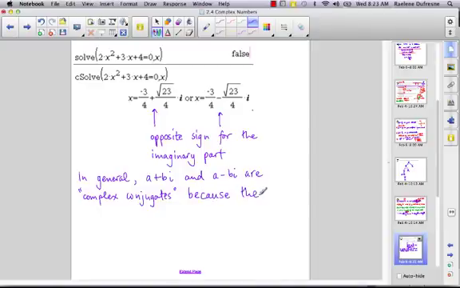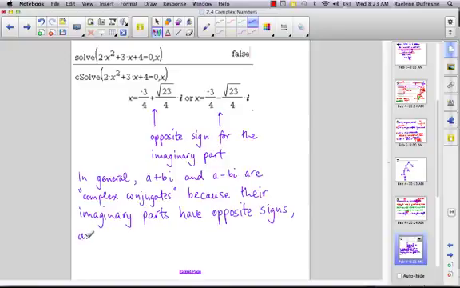Because their imaginary parts have opposite signs. And also they multiply together to give a real number.